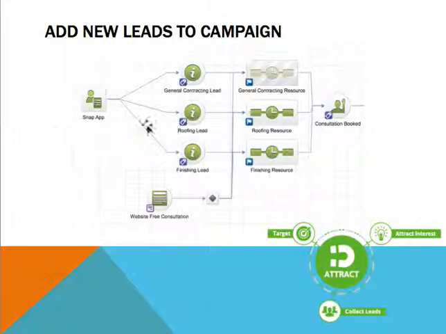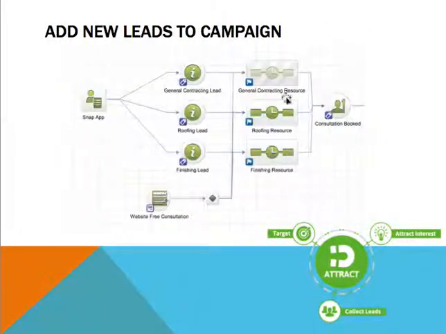So the attract is using the Snap app, bringing them in, and collecting the leads, and we've also hooked your website into these sequences as well. So we're actually using 2 different attract goals right here at the beginning.